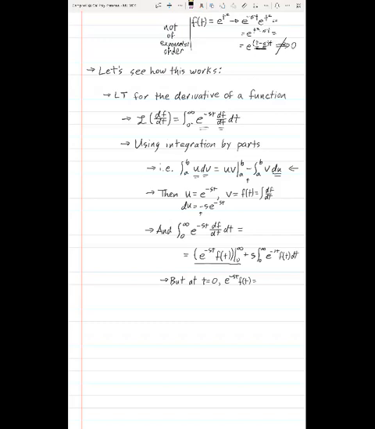That exponential function, when we plug in t equals 0, we're just going to get a 1. So we'll get a 1. And then we plug in t equals 0 for our function, and so we get f of 0.